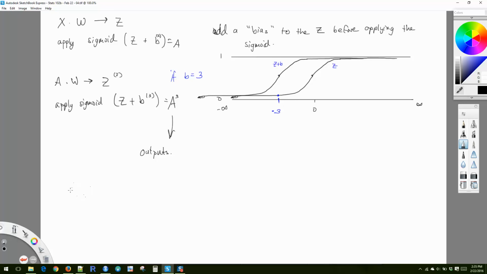So our cost function will be y minus y hat, squared, and then we're going to sum this up, and then just for the simplicity of our derivative, we're going to divide it by 2.